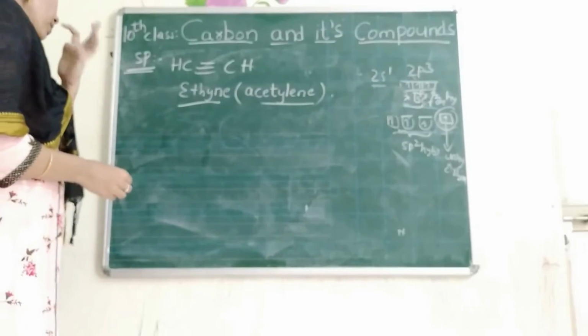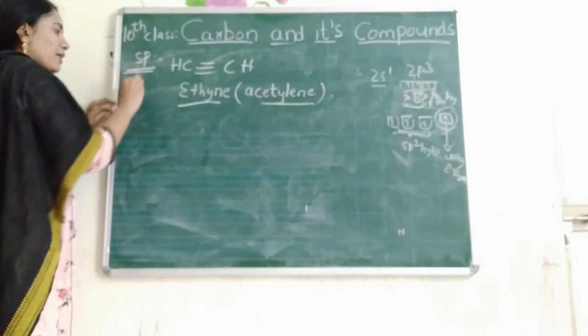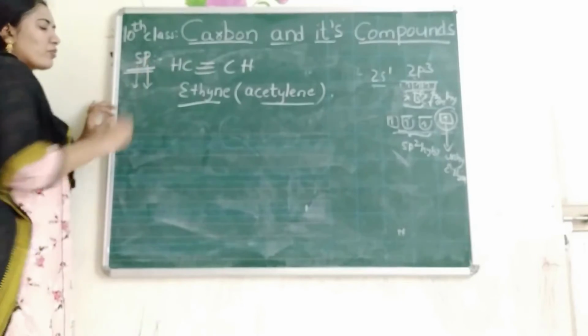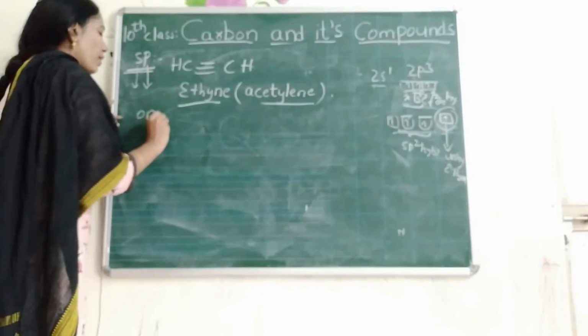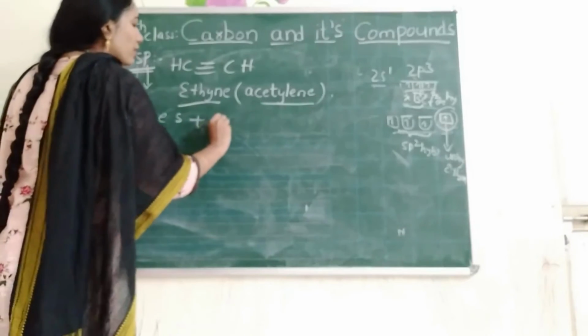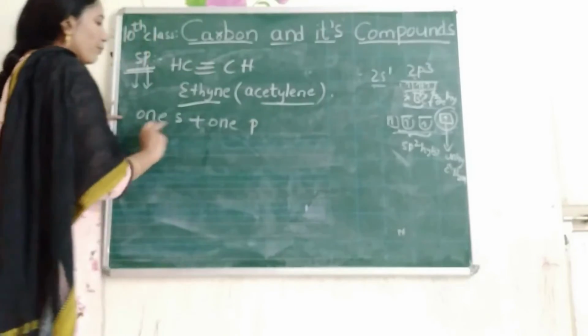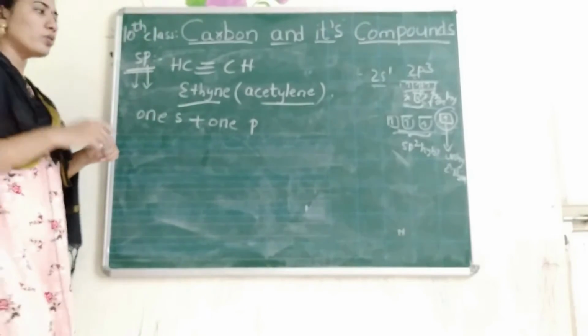Now, what is sp hybridization? Here, one s orbital intermixes with one p orbital. 1 plus 1, how many? 2.